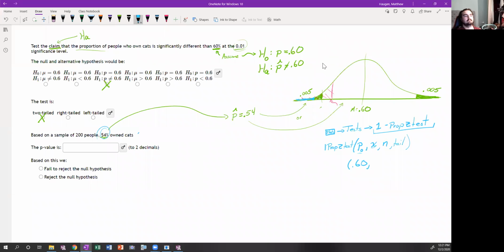The number of successes is 54% of the 200. So they're making us find that value. Sometimes we have to calculate the proportion. Sometimes we have to calculate the value. Depends on what information we're given. So what is that, 108? Yeah. So that's 108.